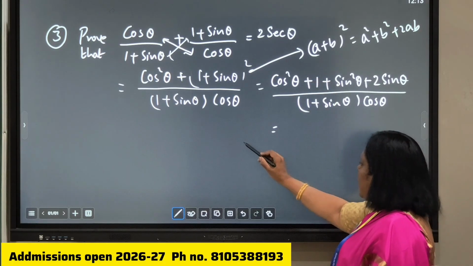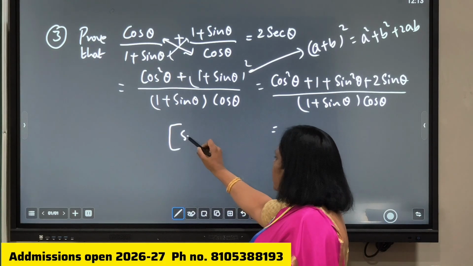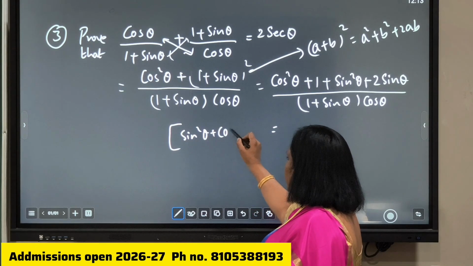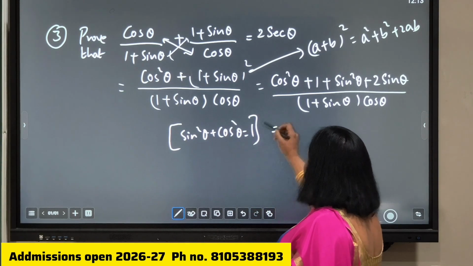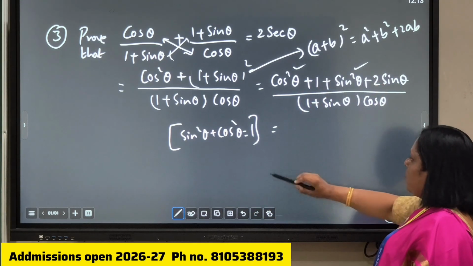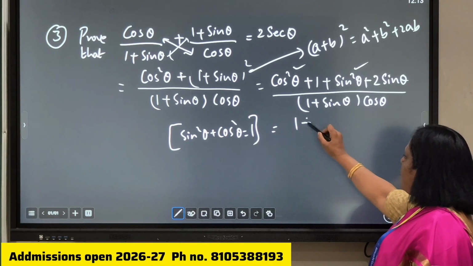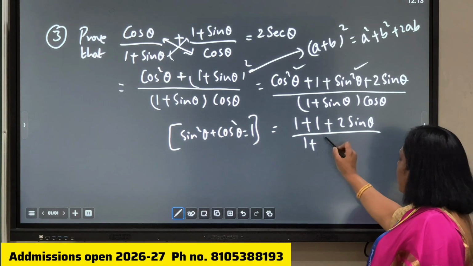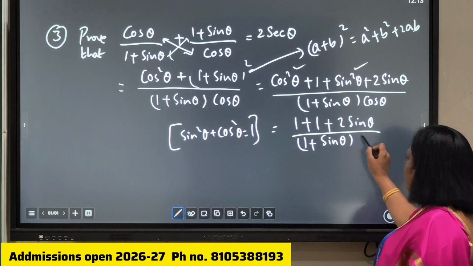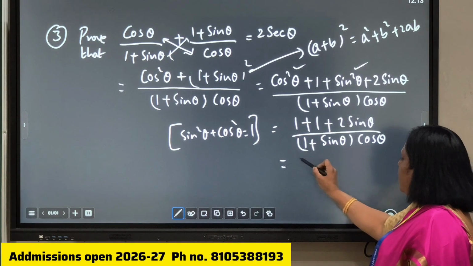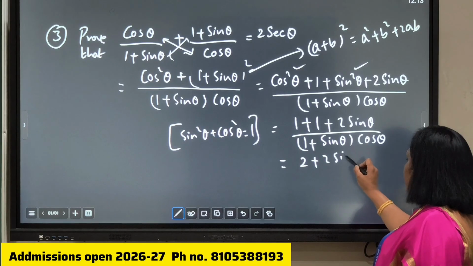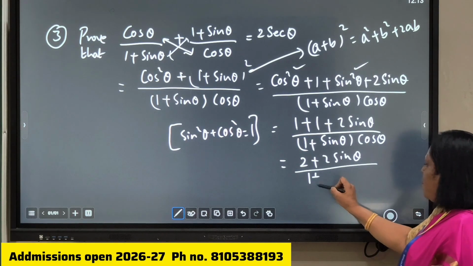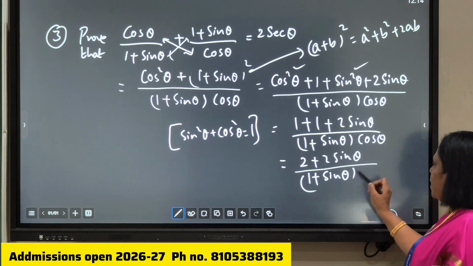And we also know the first identity, sine square theta plus cos square theta is 1. So here we have sine square theta plus cos square theta, which I can write as 1. 1 plus 1 plus 2 sine theta divided by the same denominator, 1 plus sine theta into cos theta. 1 plus 1 in the numerator is 2, plus 2 sine theta, divided by 1 plus sine theta into cos theta.